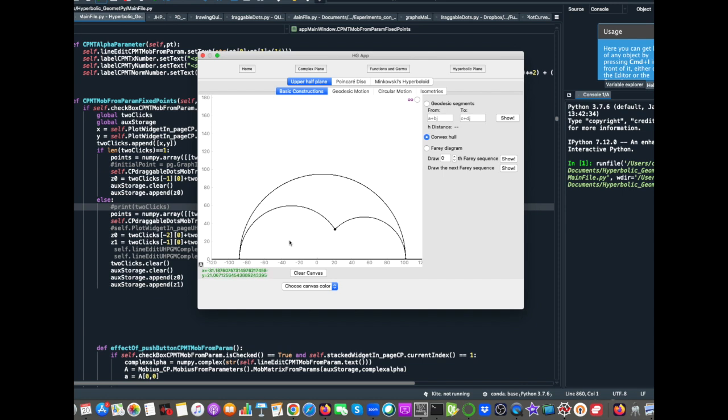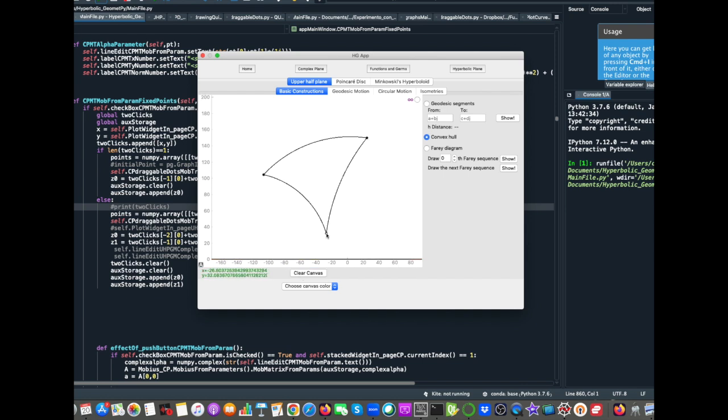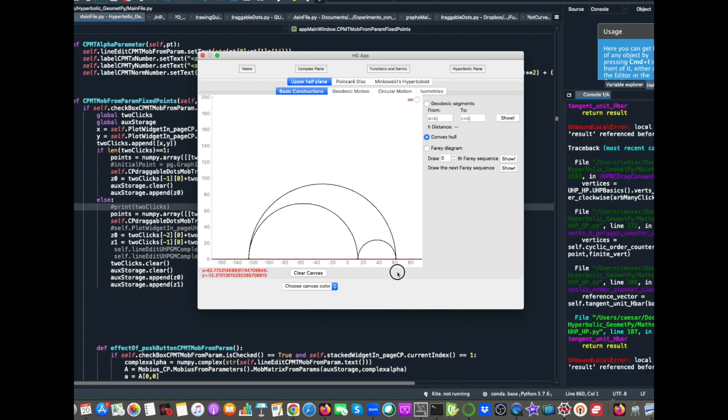So what you are seeing there is a hyperbolic triangle. Let me zoom in to be able to move this point. Okay, I don't know why I can't move it. So a finite hyperbolic triangle, and let's say with one vertex at infinity, with 2 vertices at infinity, with three vertices at infinity.